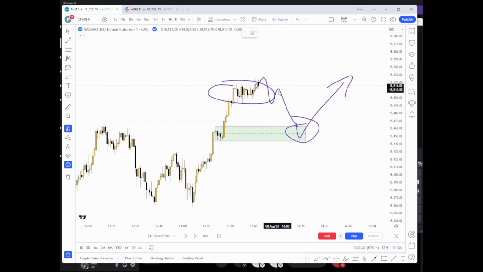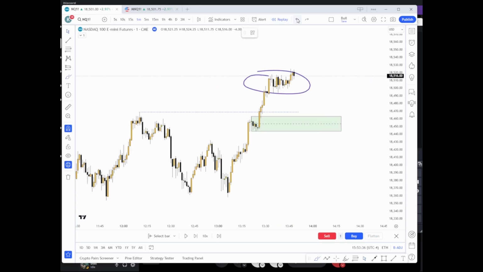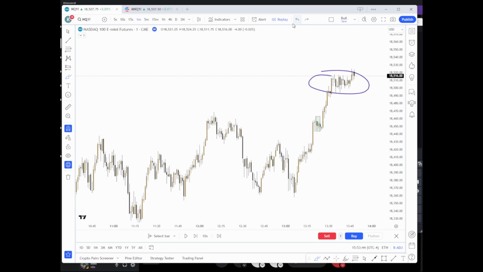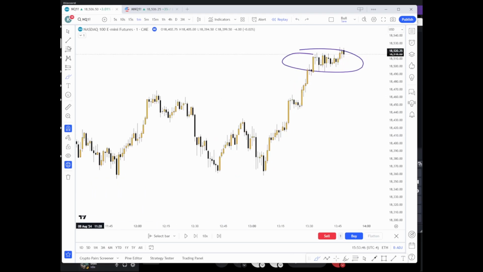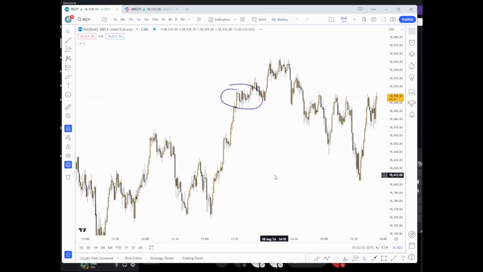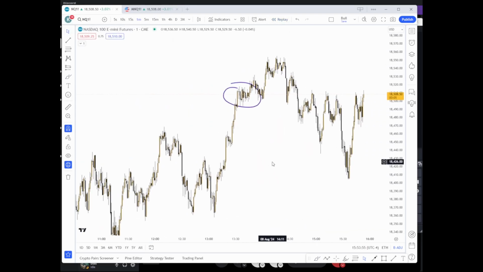If we get an institutional movement that comes in and we do this, then bang. Right? With the understanding that depending on how we trade into it, right?